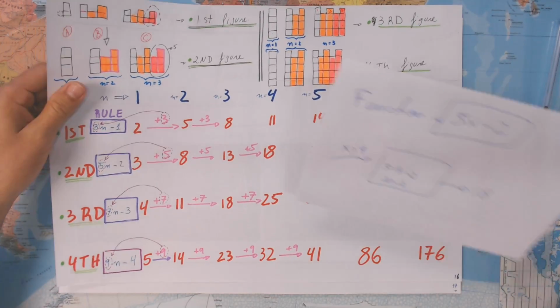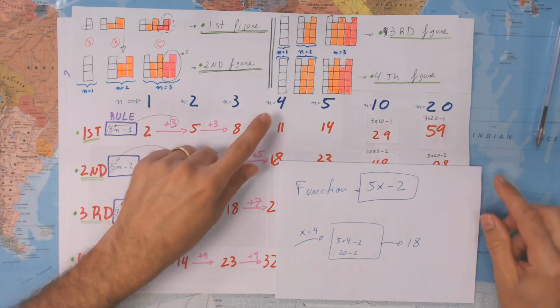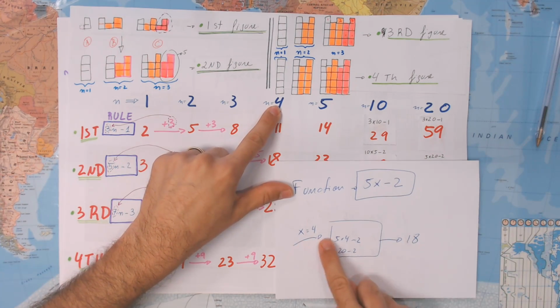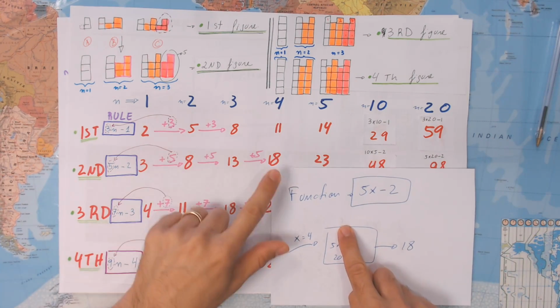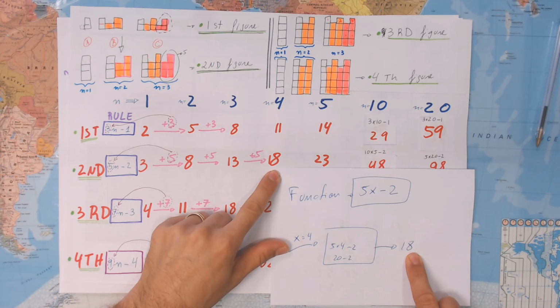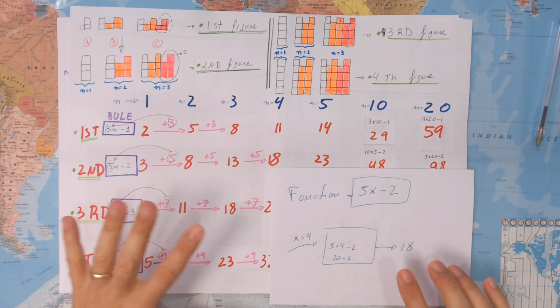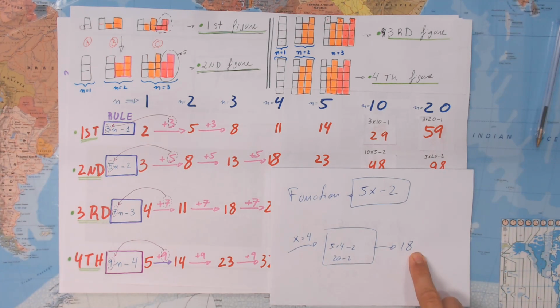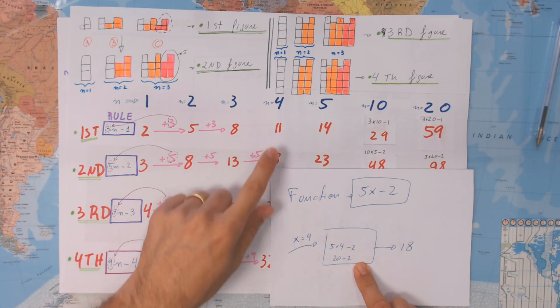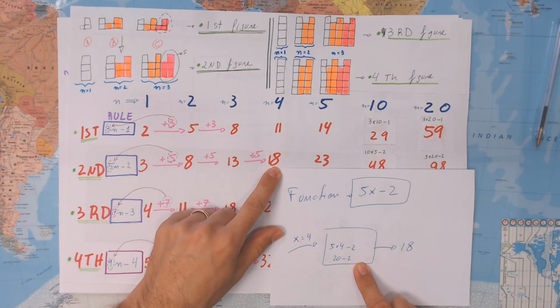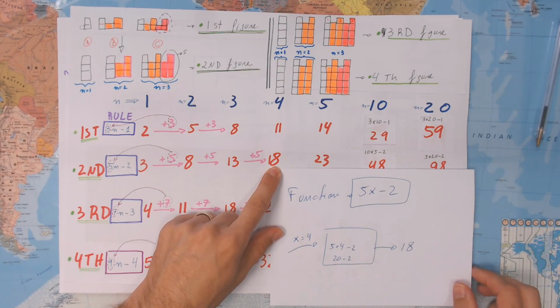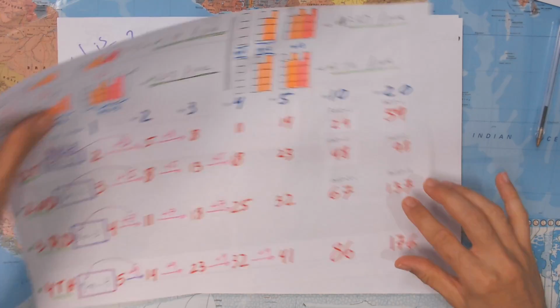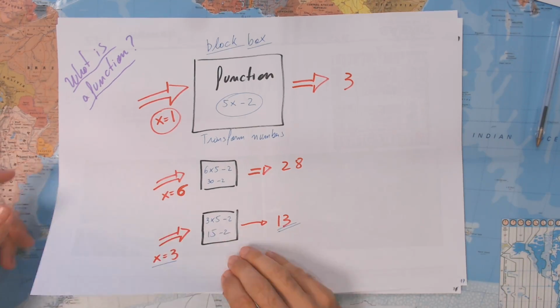If we plug in number 4 in our function, it is going to return 18. No problems? You can just see this function as: you plug in something and it returns something. If I feed my machine with x equals 4, it is going to return to me the fourth term of my sequence. So this is a function.